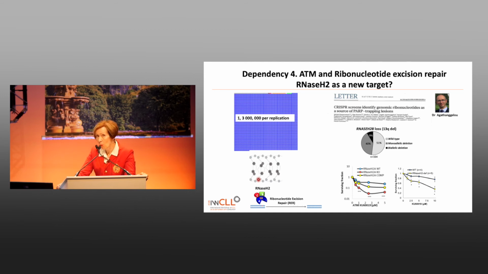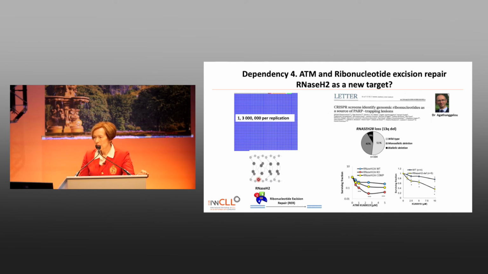It occurs more than 1 million times per replication and is far more frequent than any other type of DNA damage. And the principal responder to this type of alteration is the RNase H2 complex that consists of 3 subunits.